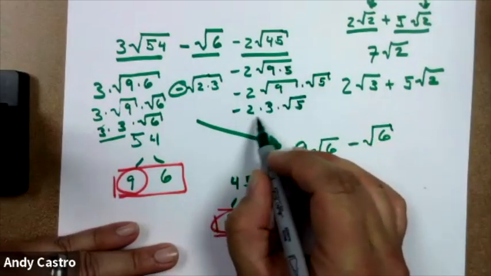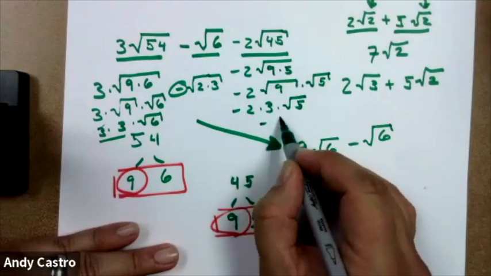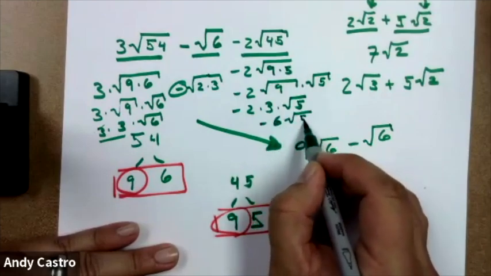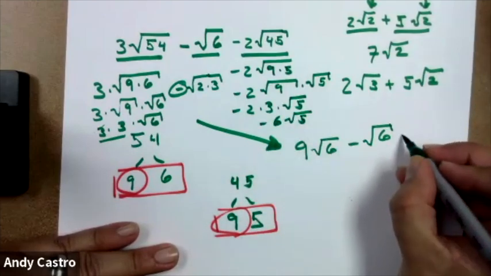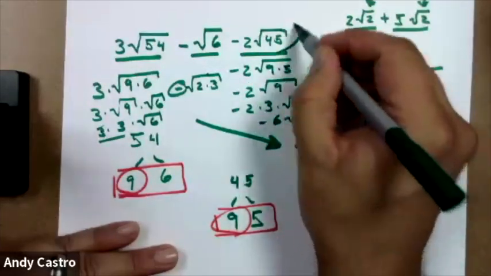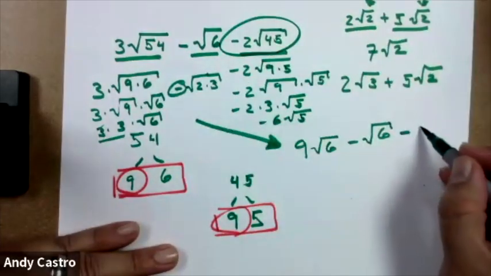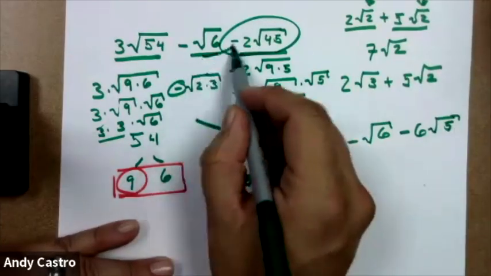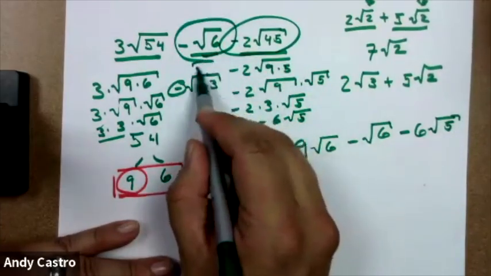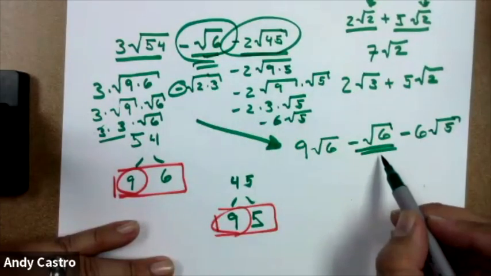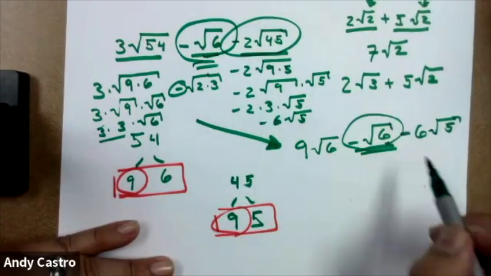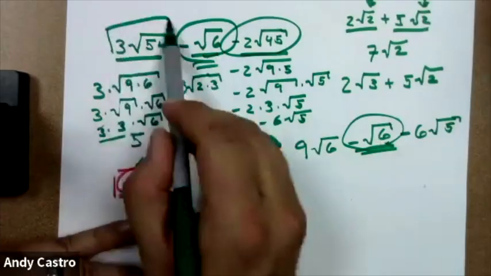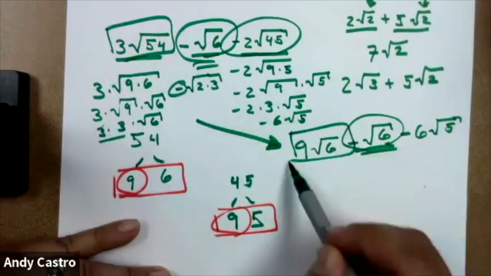So negative 2 times 3 is negative 6. Negative 6 times the square root of 5. So here, this last term becomes negative 6 times the square root of 5. This term here becomes this term here. And then this term here becomes this term here.